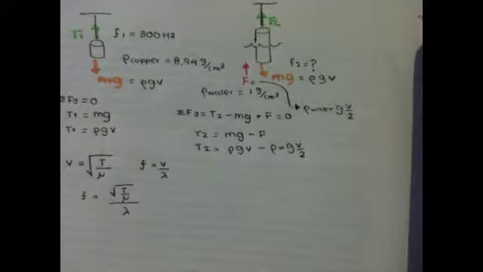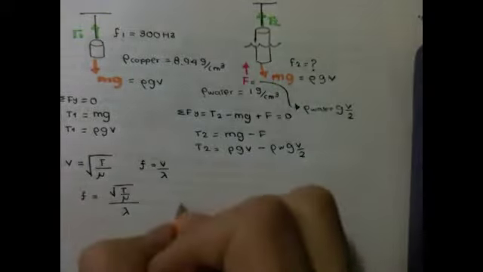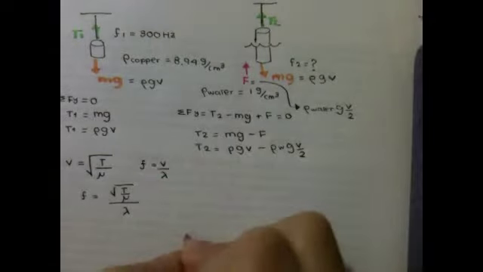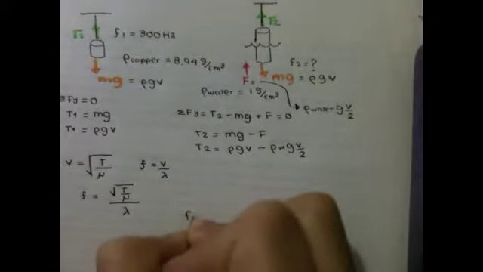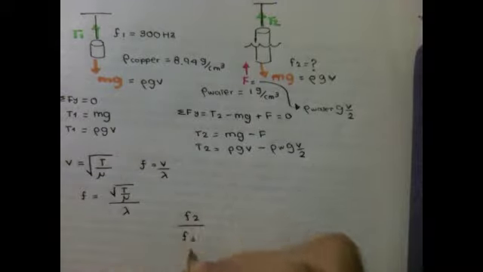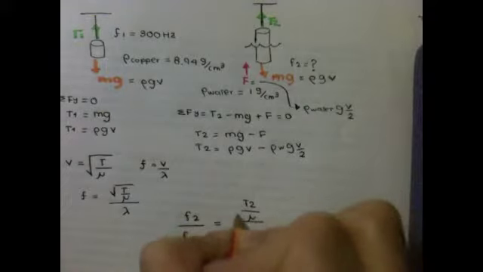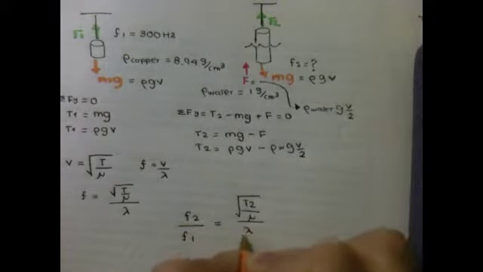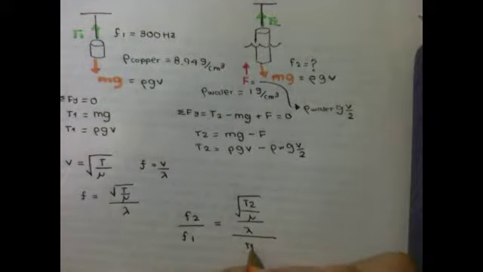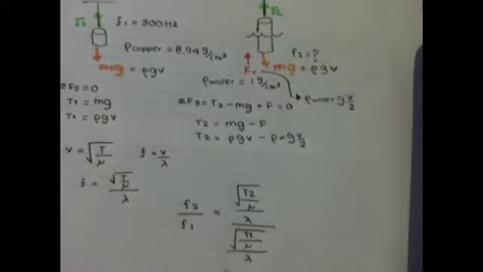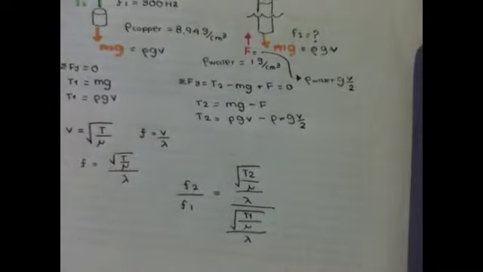So, in order to obtain the frequency, we need to eliminate unknown data by dividing the frequency 2 over the frequency 1, which gives us this big formula.